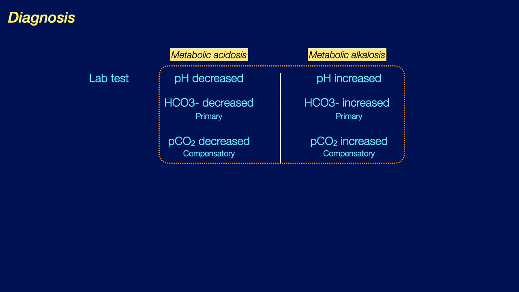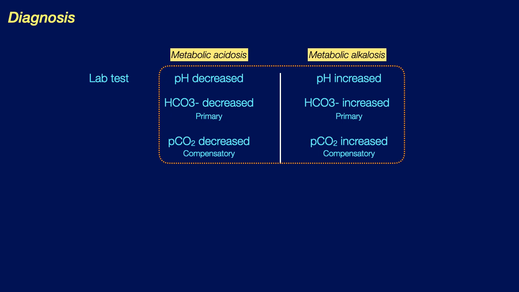And here you have how to diagnose these conditions. In the case of the metabolic conditions, you have here two columns with the metabolic acidosis and metabolic alkalosis. So if you do a blood test, you'll see that the pH is decreased in acidosis.